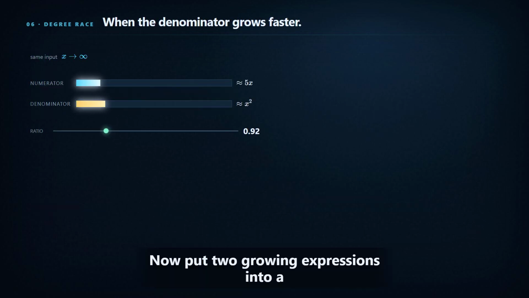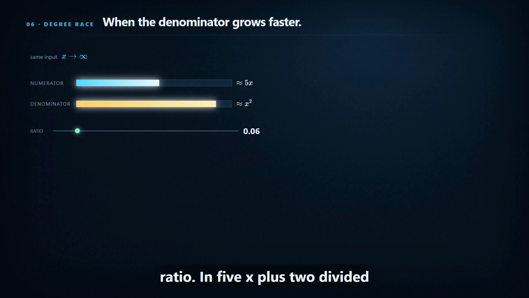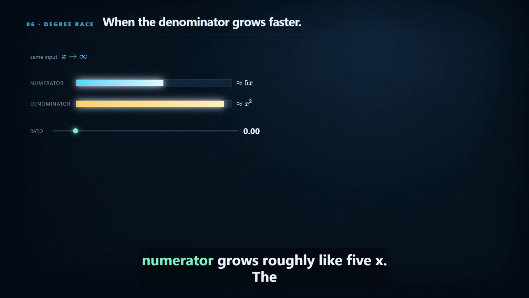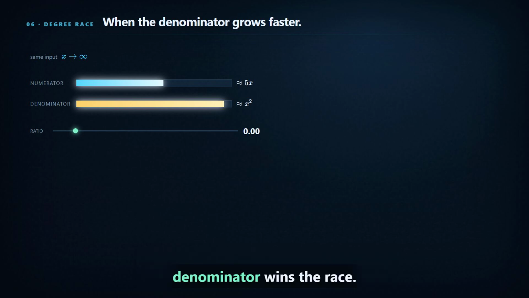Now put 2 growing expressions into a ratio. In (5x plus 2) divided by (x squared plus 1), the numerator grows roughly like 5x. The denominator grows like x squared. The denominator wins the race. Divide every term by x squared, the strongest denominator power.